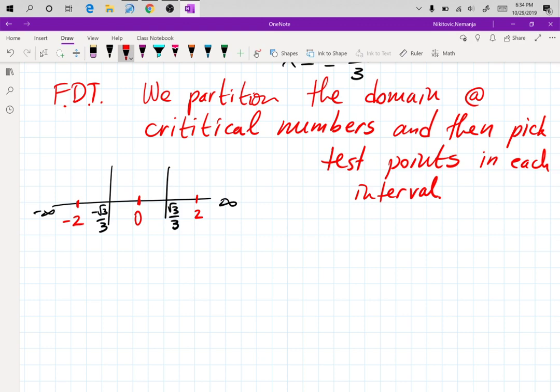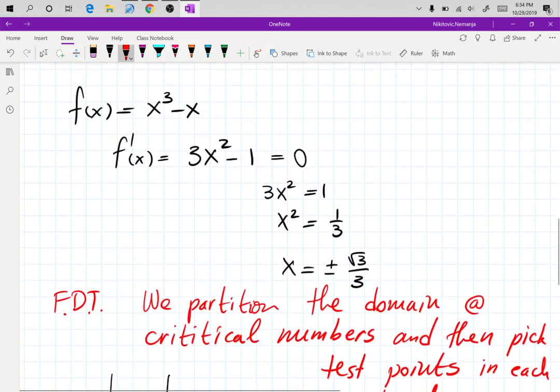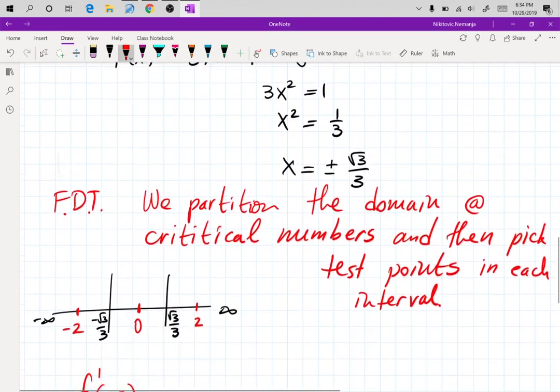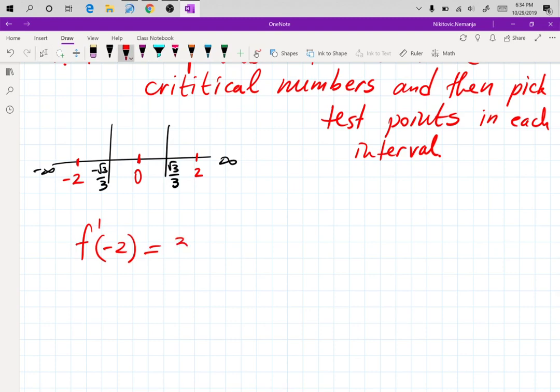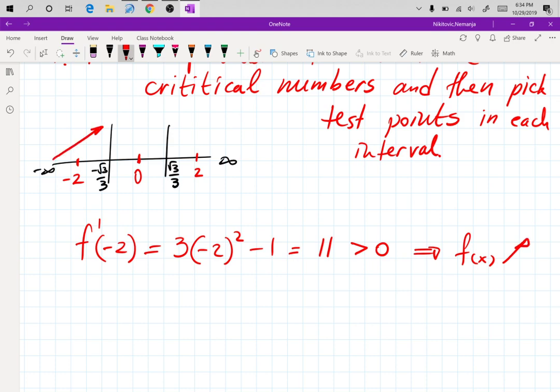So to do the first derivative test, I have f prime of negative 2. Now, I know my f prime is 3x squared minus 1, which gives 11. That's larger than 0, implying that f of x is increasing, which is why I am going to draw this arrow going up in the first region.